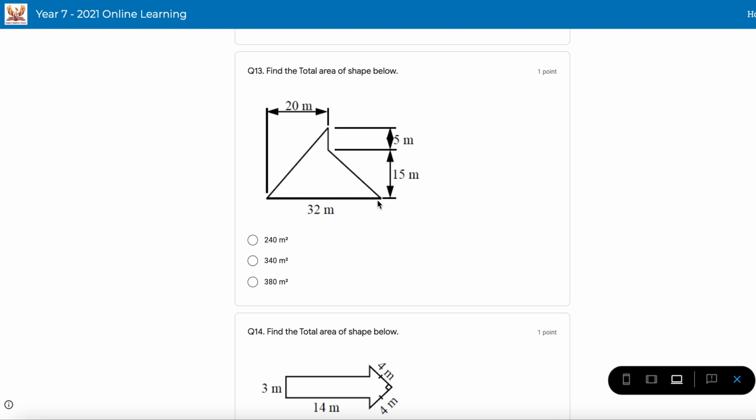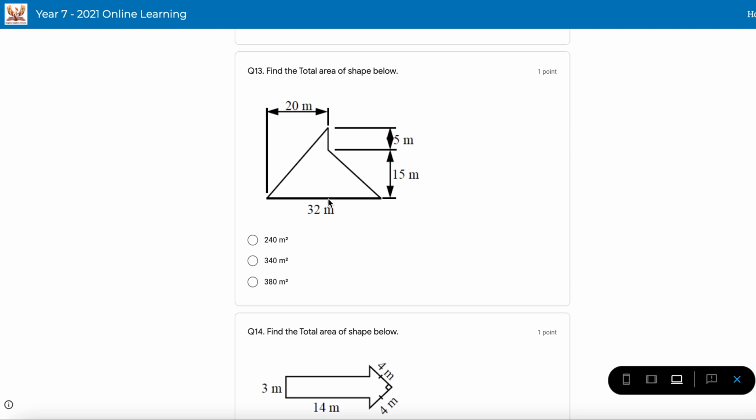Then how are we going to find this remaining length? The total length is 32 meters. This part makes up 20 meters of those 32 meters. So 20 of the 32 meters is here. What's left over here? Well, it's just going to be 32 minus 20. So it's going to be 12 meters left over.